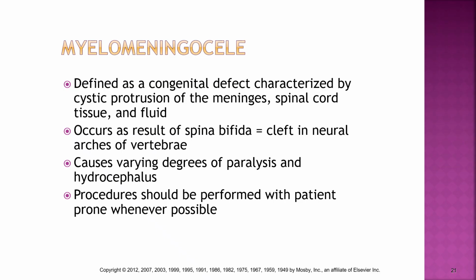Okay. There is paralysis and hydrocephalus, which is wild because the cerebral spinal fluid is weeping out. I guess sometimes it gets stenosed and trapped depending upon the degree of spina bifida. Okay.